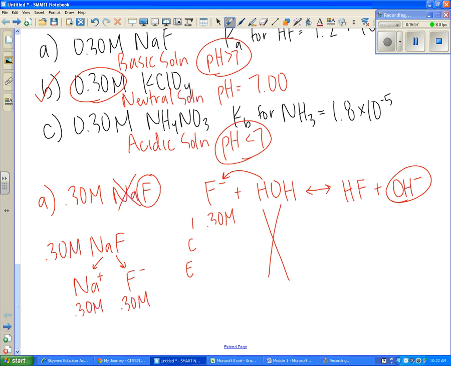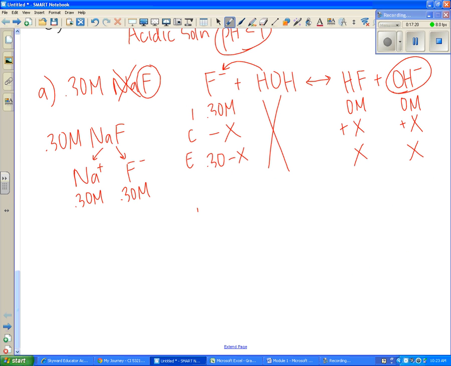Don't care about the water. These would be 0. This will decrease by some value x. These will increase by some value x. At equilibrium, I'll have 0.30 minus x, x, and x. Now I could write a Kb expression because this is a base.